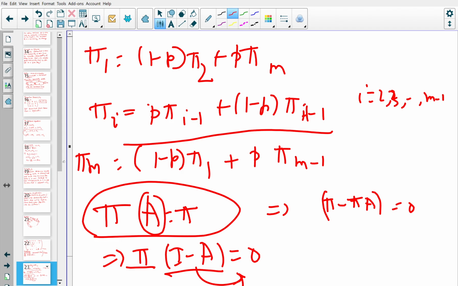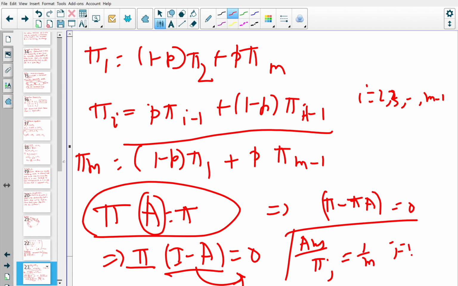Now after solving this equation, you will see that the answer is that pi j is always 1 by n for j equal to 1, 2, 3, and so on.